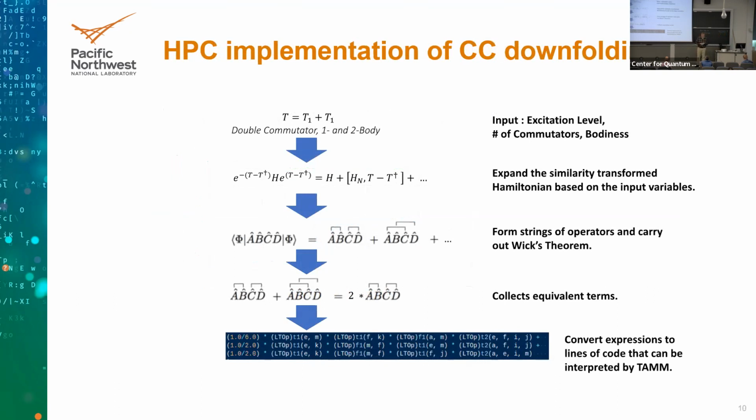So there are two obstacles. If you really want to get those downfolded Hamiltonians working, you have to be able to deal with the complex algebra behind the Feynman-type diagrams to define the downfolded Hamiltonians.